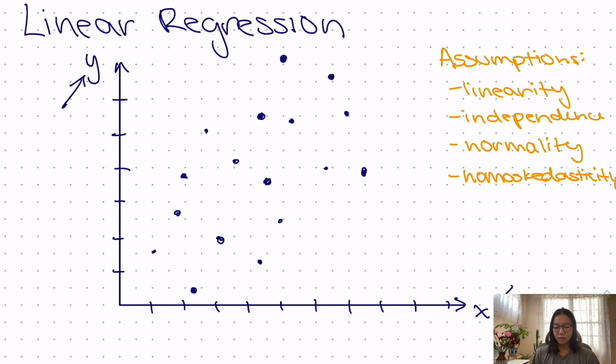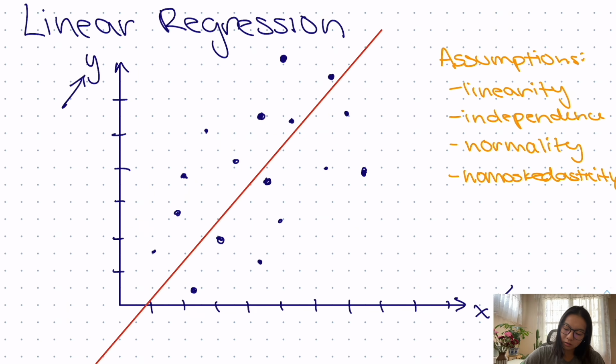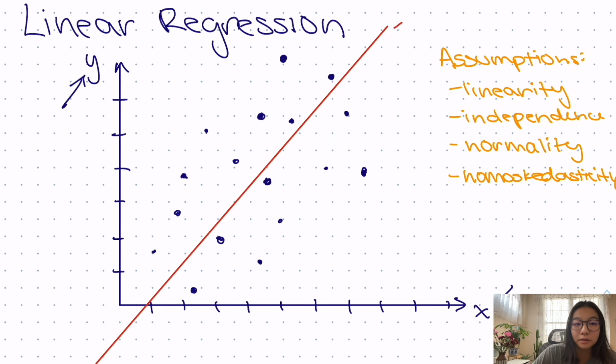In linear regression, we want to take our data and fit a linear model to this data. So in this case, our linear model might look something along the lines of here, right? So this here would be considered maybe our line of best fit.